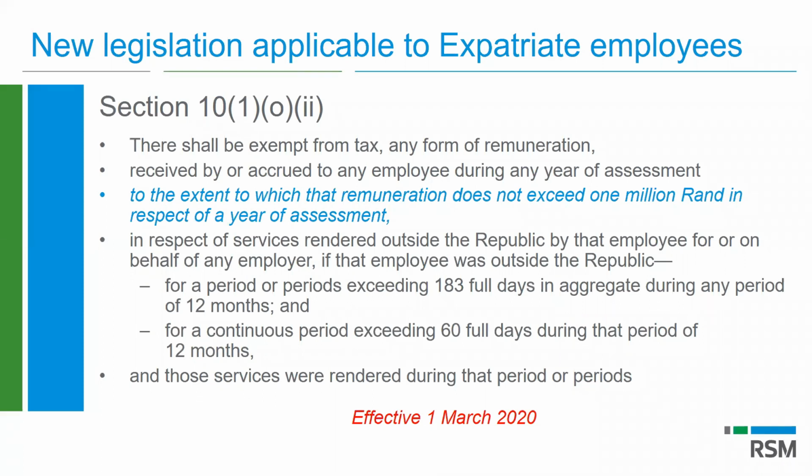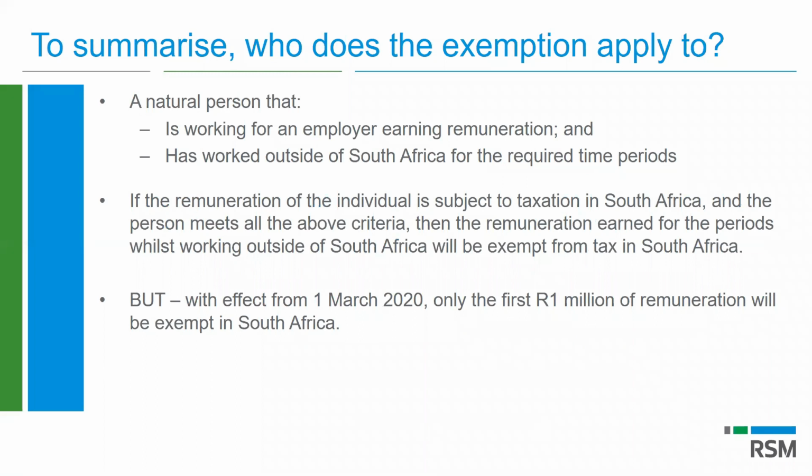So that new law is effective from 1 March 2020. So for all of those individuals who this may actually apply to, they should be aware that their circumstances and their position may be changing from the beginning of the South African tax year that commences 1 March 2020. In applying these new rules, there's been a lot of confusion.